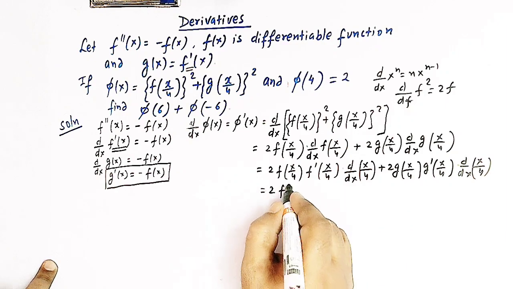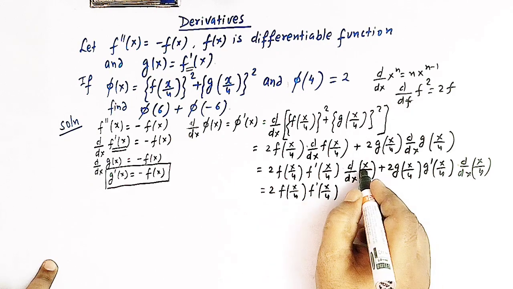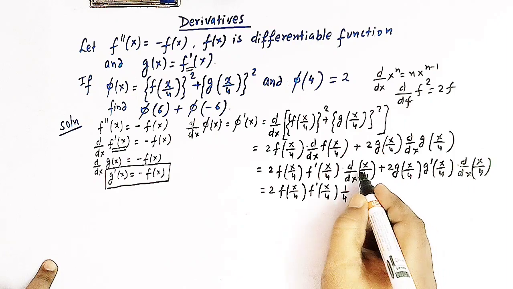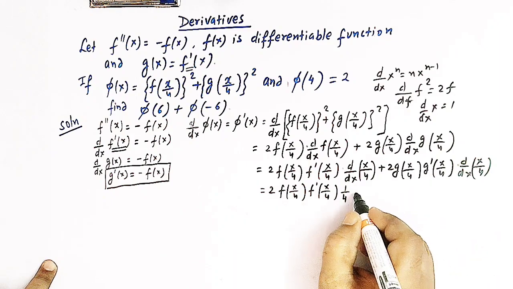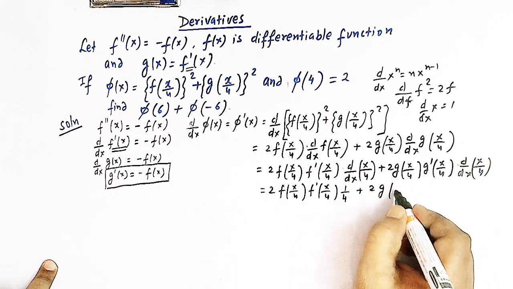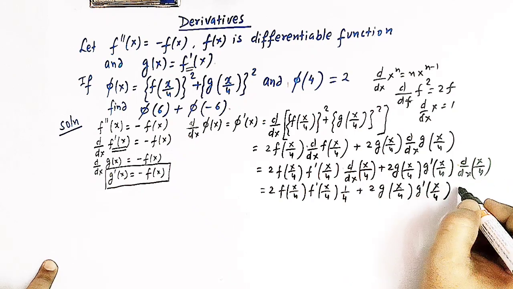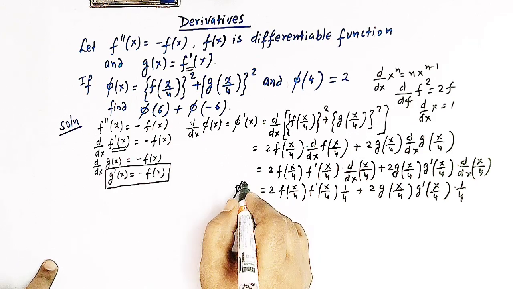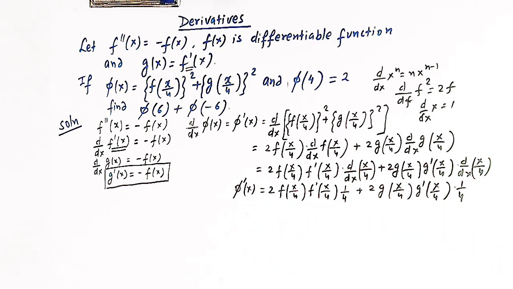So we have 2f of x over 4 times f prime of x over 4, and here the derivative of x over 4 with respect to x is simply 1 over 4, because the derivative of x is equal to 1, right? So here we have 2g of x over 4 times g prime of x over 4, and here we have 1 over 4, right? So the derivative of phi of x, that is phi prime of x, is given by this expression.